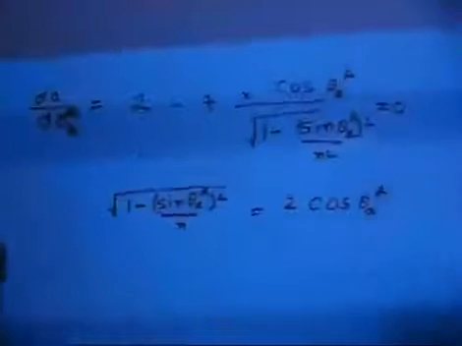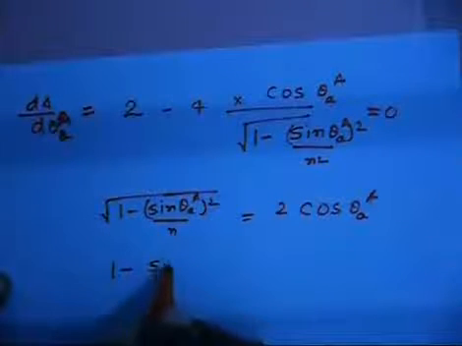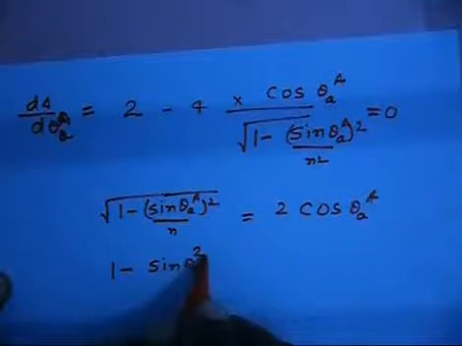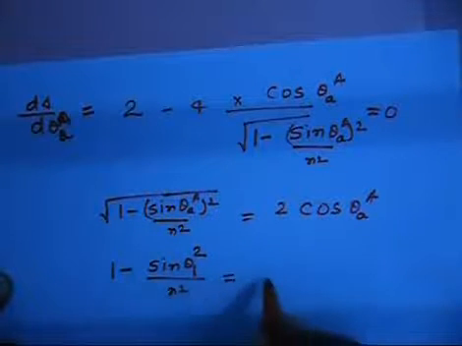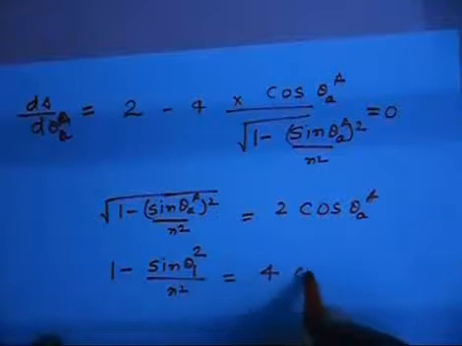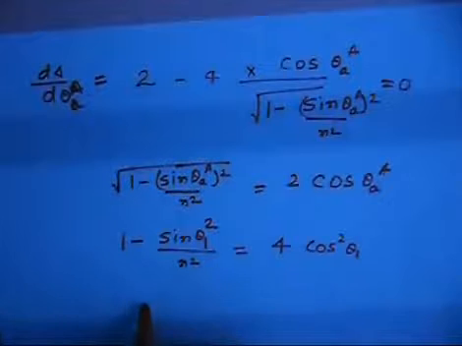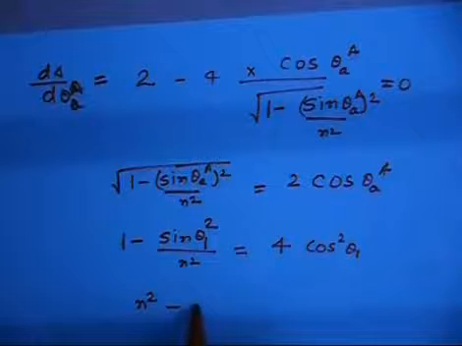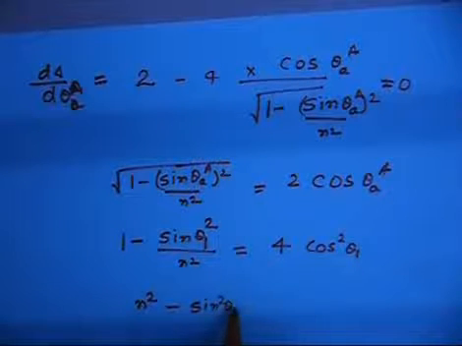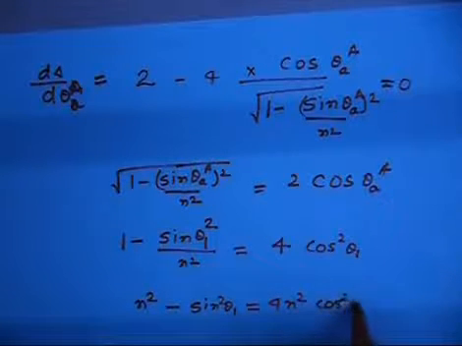So I can have a solution for θ1 also. If I square both sides, 1 minus sin θ1 whole square, this is n square already, by n square is equal to, so 2 becomes 4 cos square θ1. So I can write n square minus sin square θ1 equals 4n square cos square θ1.